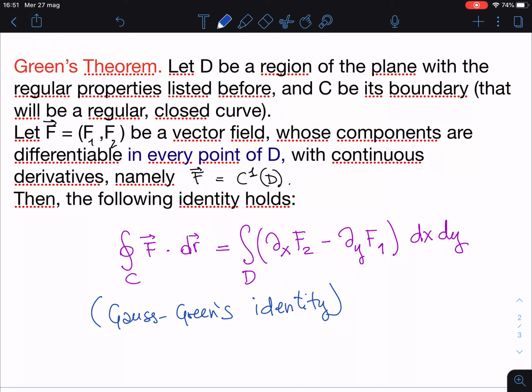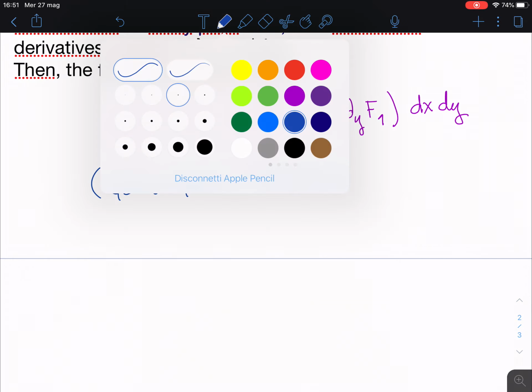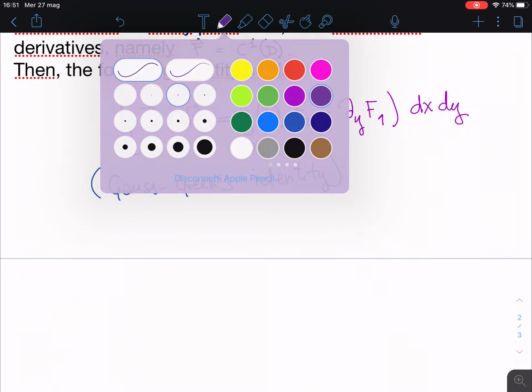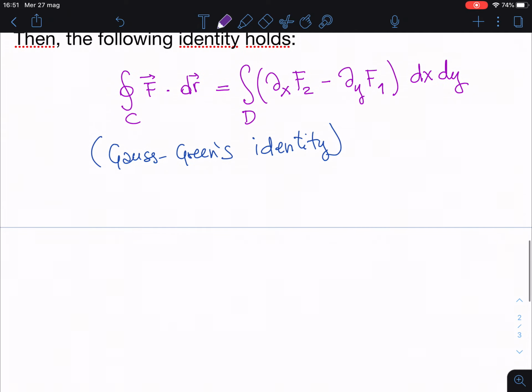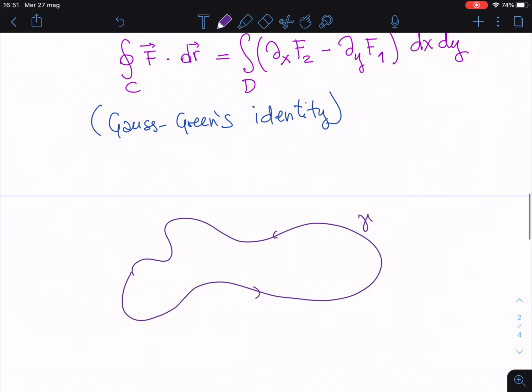Okay? Before closing this video, I want to give you sort of intuition, and the idea is the following. You have this gamma, and then you want to compute the circulation of the field.